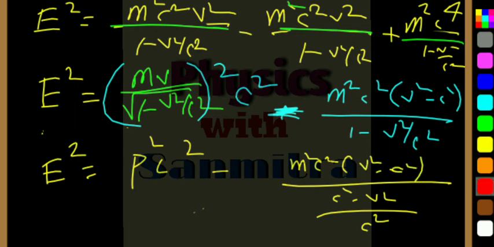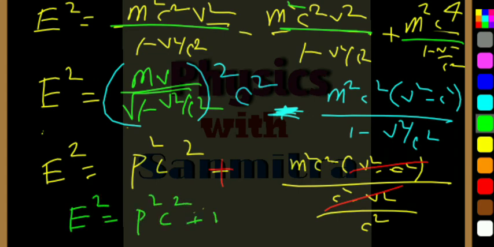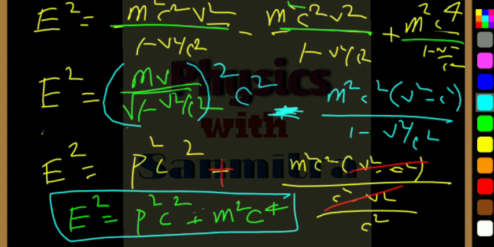This 2 will cancel out and this will be plus, because c square minus v square and v square minus c square. So the final expression will come out to be E square equals P square c square plus m square c to the power 4. This is my total energy relating to the linear momentum, that is E square will be P square c square plus m square into c to the power 4.